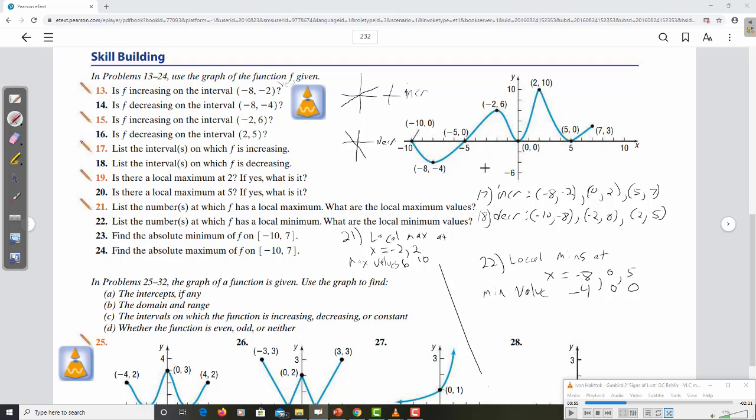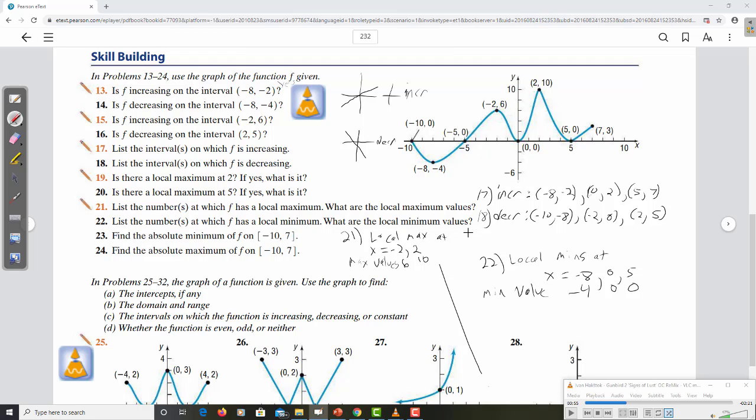If we had a larger domain, who knows, possibly there might be a larger highest value or a smaller lowest value. But you can see from the graph, both of these absolute extrema are attained at local extrema. The absolute maximum, the highest value of the function, is up here. You can tell from the graph, there's no higher point.